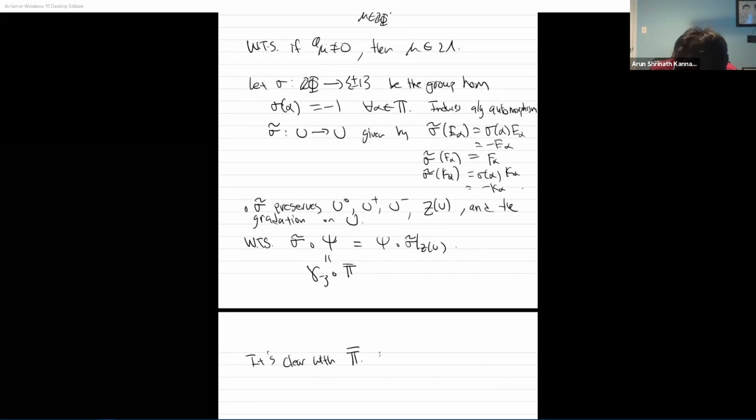So one just has to check for gamma minus rho, but you can just check this on the k mu's.